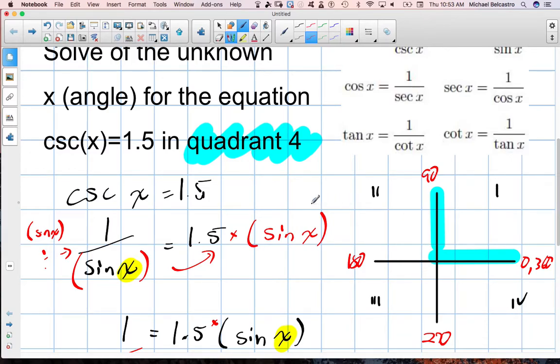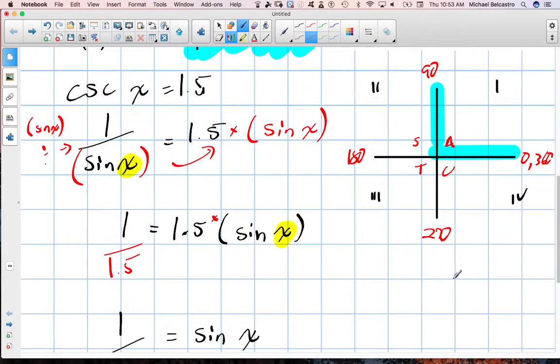We also have to figure out, due to our CAST system, C-A-S-T, whether this answer is going to be a positive answer in this quadrant. Recall that cosecant is the inverse of sine, and sine is only positive in quadrants 1 and 2. So in quadrant 4, we're going to have a negative answer here. And on top of that, we need to take that angle.